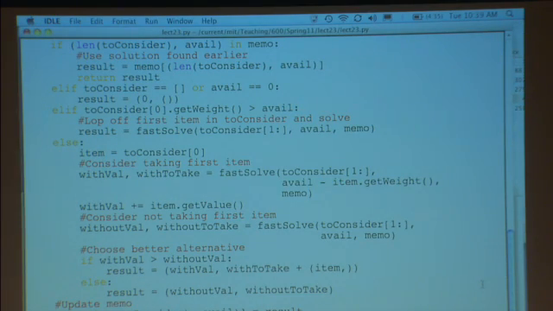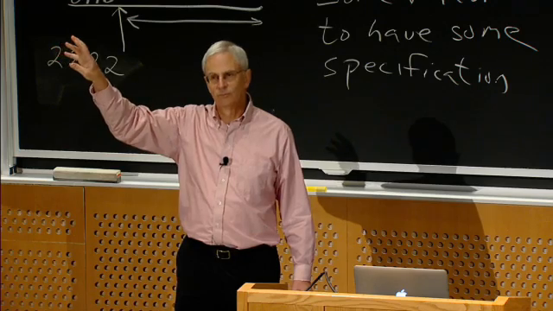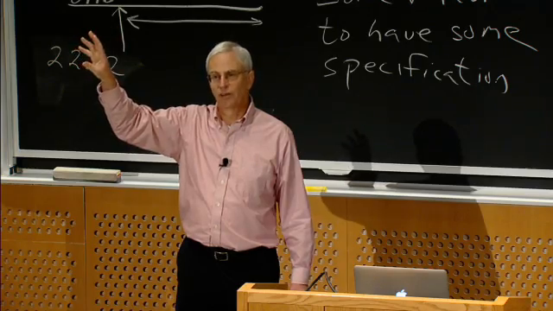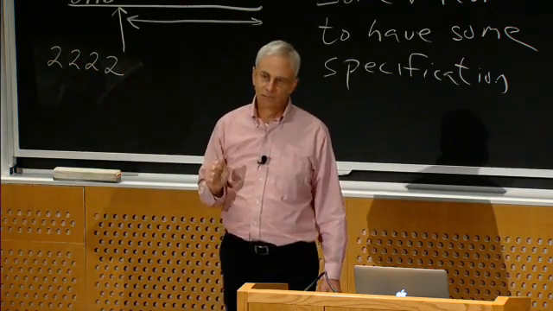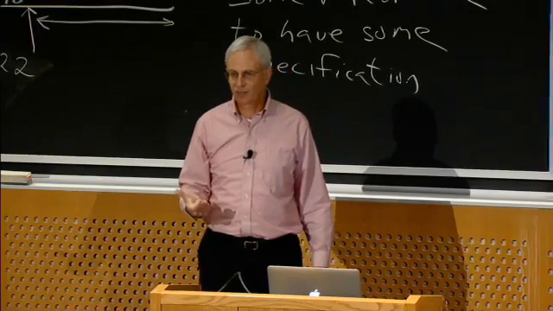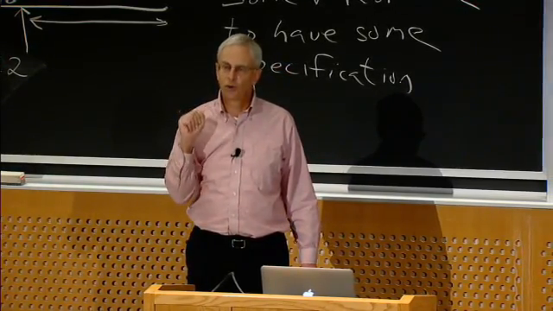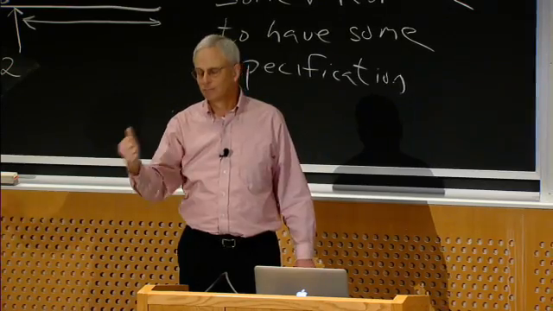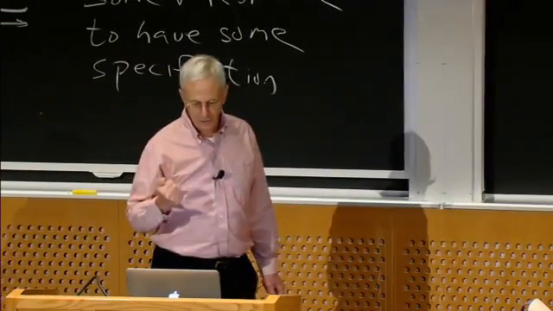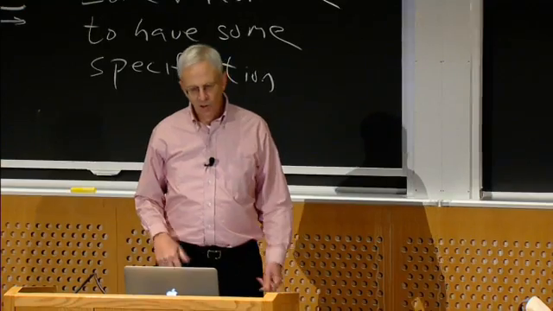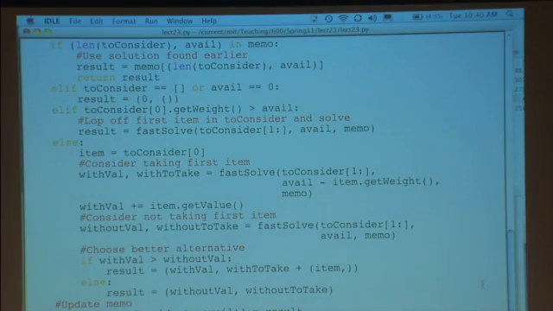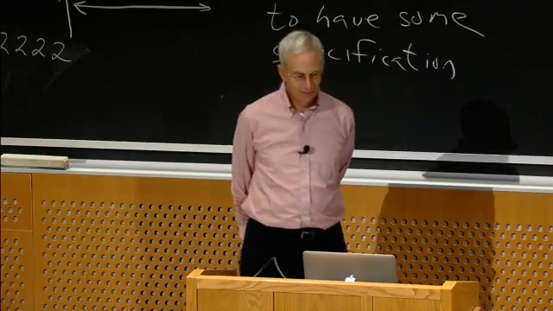So those will be my keys for my dictionary. The key will be a pair of essentially which items I have left to consider, which is coded by a number, and the amount of weight, another number. Or if there's nothing left to consider, or there's no weight available, then I'll return 0 and the empty tuple. No value, didn't take anything.